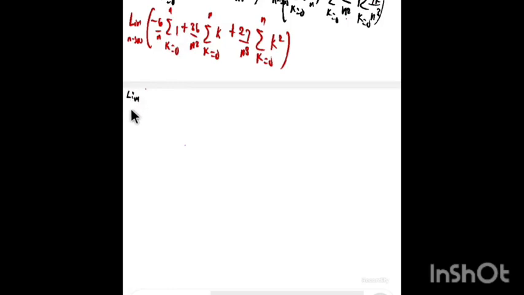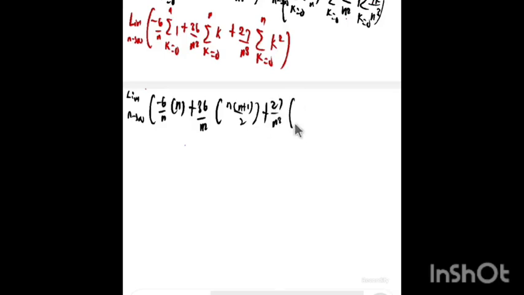So this will be the limit as n tends to infinity of negative 6 over n times n, plus 36 over n to the second power times the sum of k from 0 to n of k, which gives us n times (n plus 1) over 2, and then plus 27 over n to the third power times the sum of k squared from 0 to n, which gives us n times (n plus 1) multiplied by (2n plus 1), everything over 6.